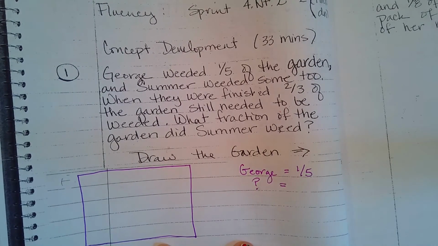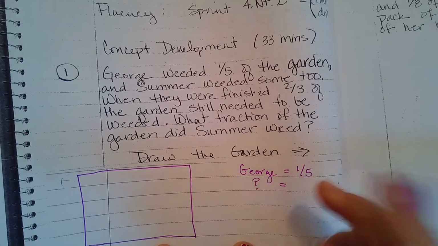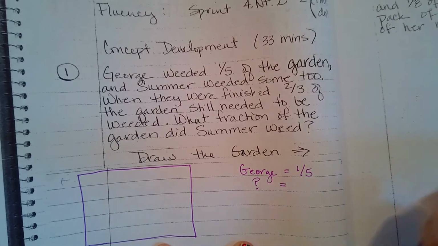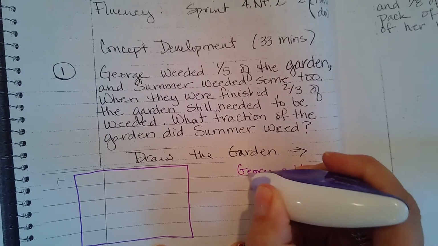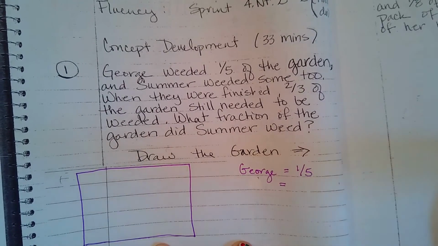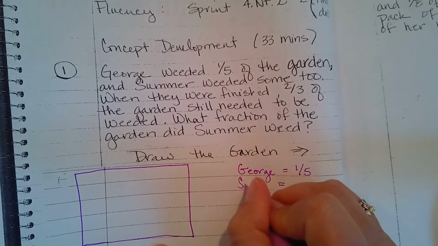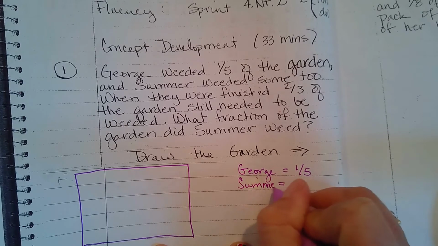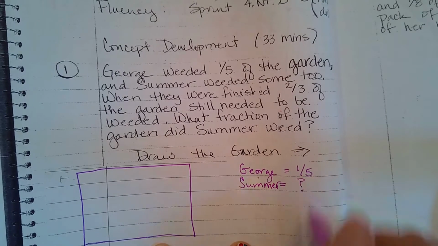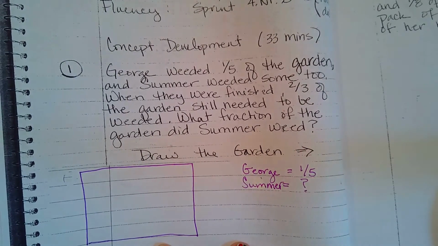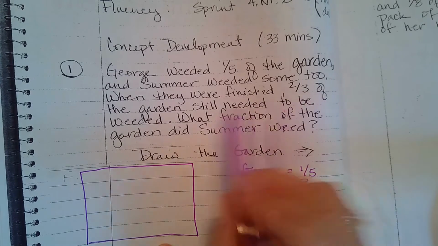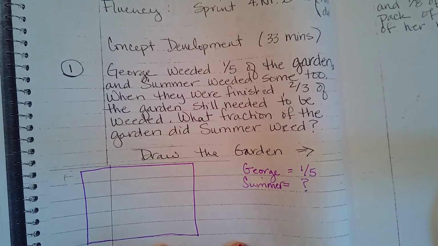I'm going to write Summer question mark. We don't know how much she weeded, but what we do know is when they were finished, 2/3 of the garden still needed to be weeded.